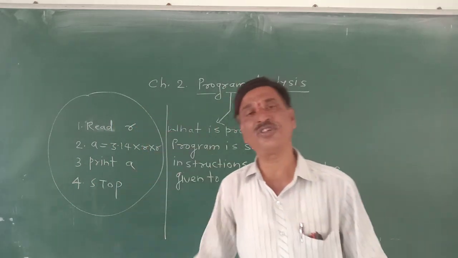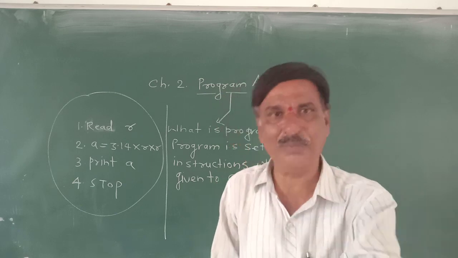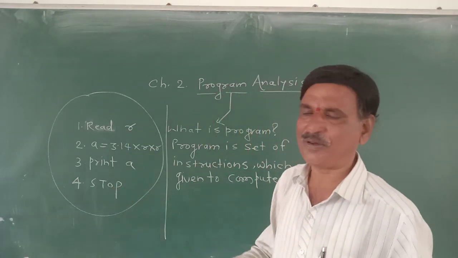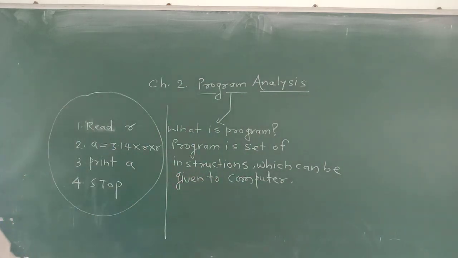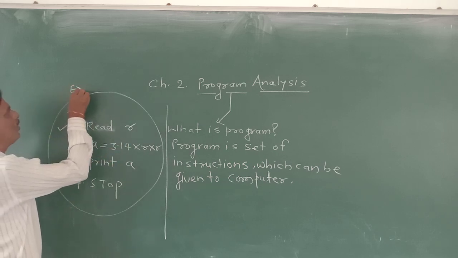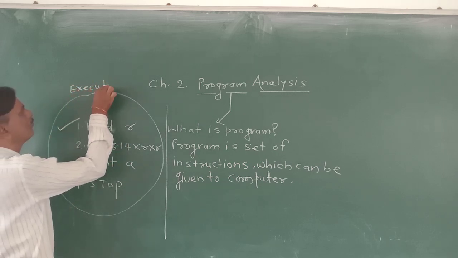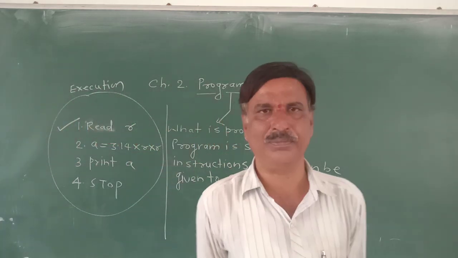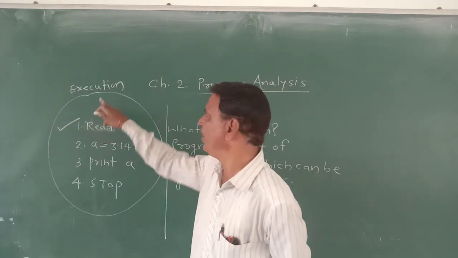This set of instructions is created for the computer because the computer will follow the instructions one by one. And when the computer follows the instructions, that is called execution. So this is the set of instructions that we have created for the computer, and we will execute that.